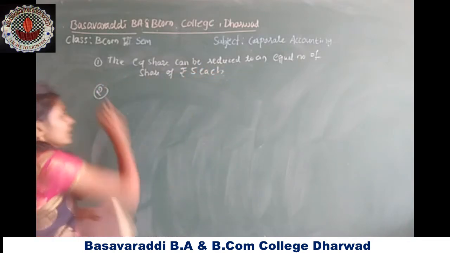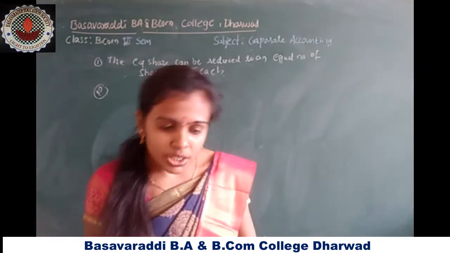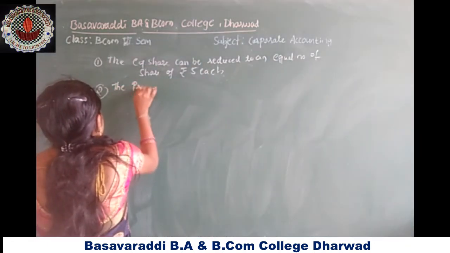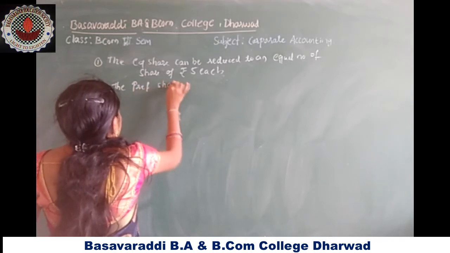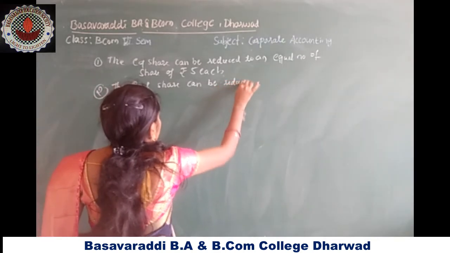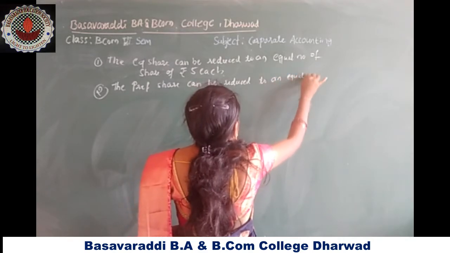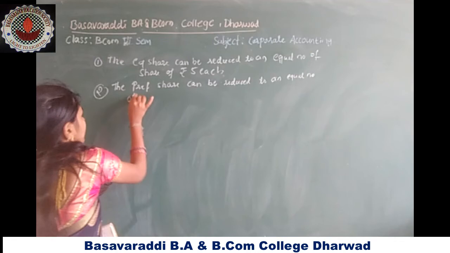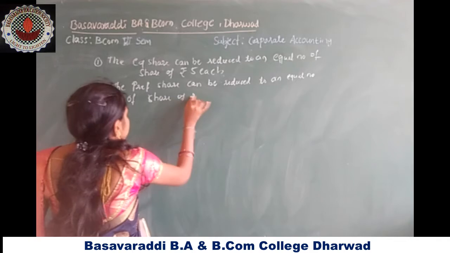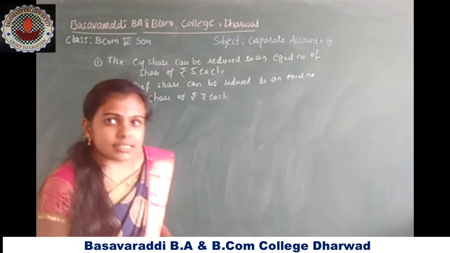And second, the preference shares can be reduced to an equal number of shares of rupees 7 each.